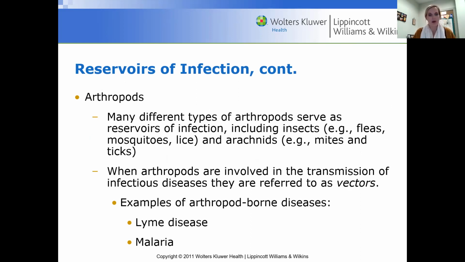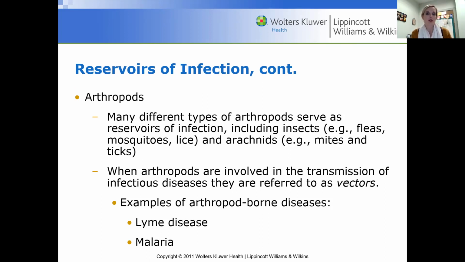So when I say arthropod, an arthropod would be, again, where we see these different insects involved. So many different types of arthropods serve as these reservoirs, including insects, which would include fleas, mosquitoes, lice, and even arachnids like mites and ticks. Anytime these arthropods are involved in the transmission of an infectious disease, they're referred to as vectors.